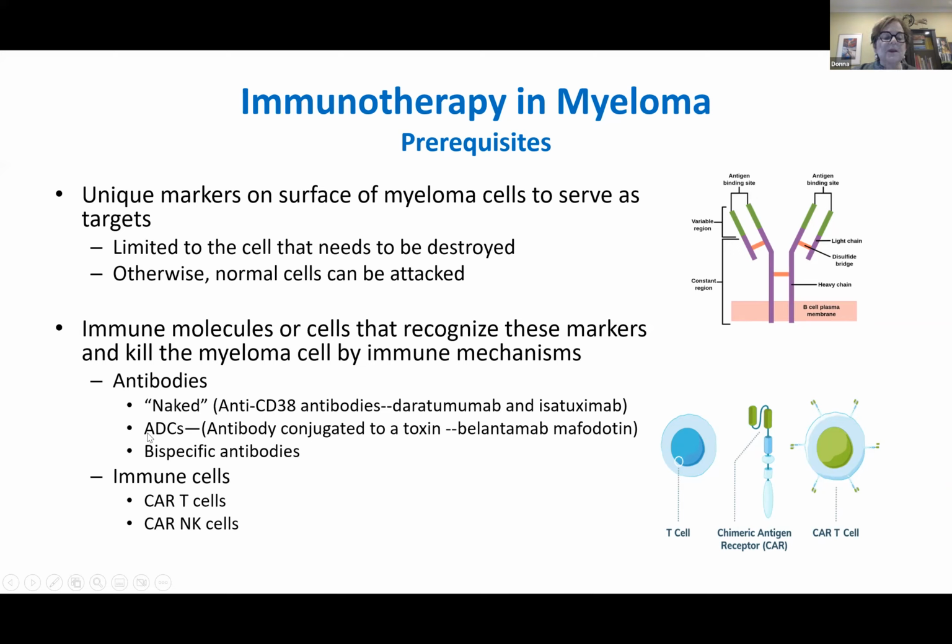There's antibody drug conjugates, and I'll demonstrate this a bit in a minute. That's when the antibody here has a poison on it that can then be delivered to the myeloma cell. Then we have these so-called bispecific antibodies, or BiTEs, or duo bodies.